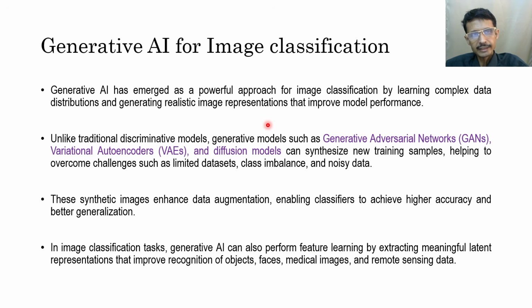Now, how does generative AI add more value to this kind of image classification problem? Generative AI, or Gen AI, has emerged as a powerful approach to image classification by learning complex data distributions and generating realistic representations that improve model performance.